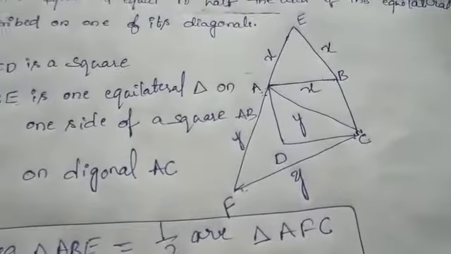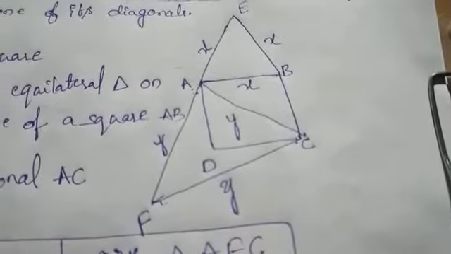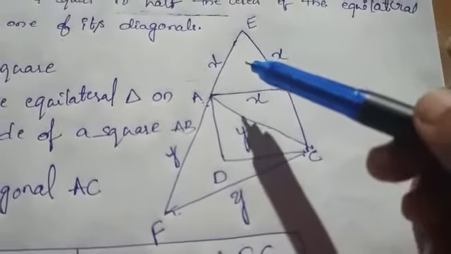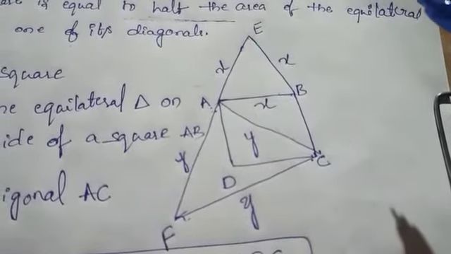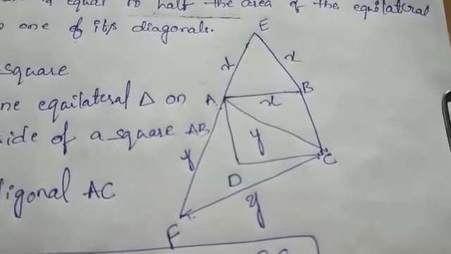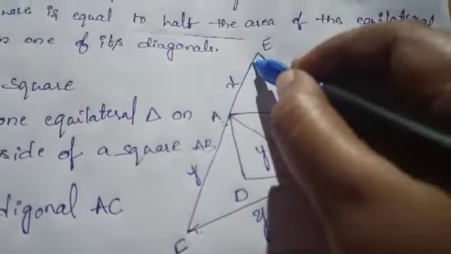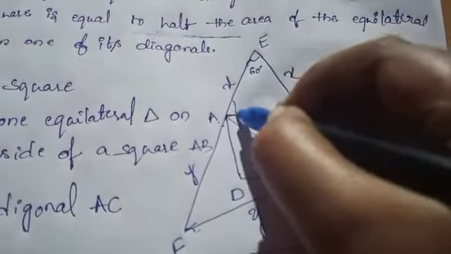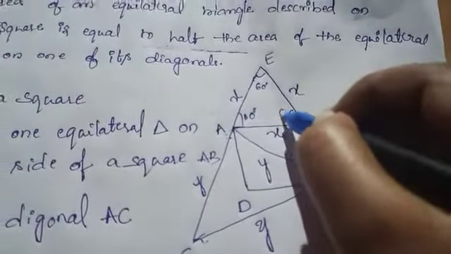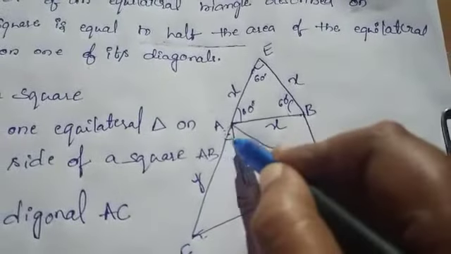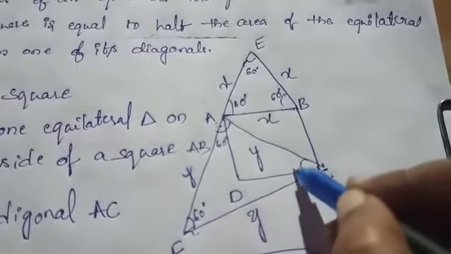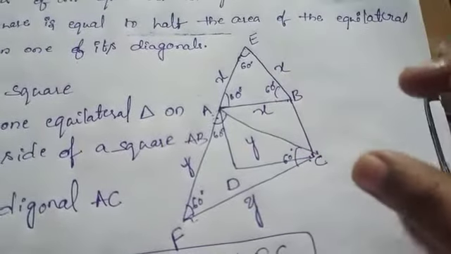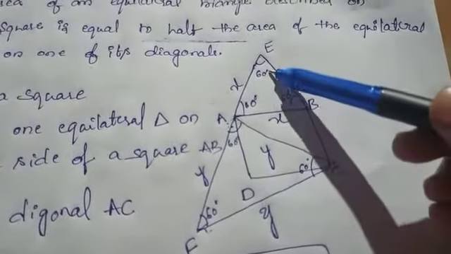See this figure? In equilateral triangles, all angles are equal. All angles are equal to 60 degrees. This is 60, 60, 60. This angle equals 60, 60, 60. Consider these two triangles.